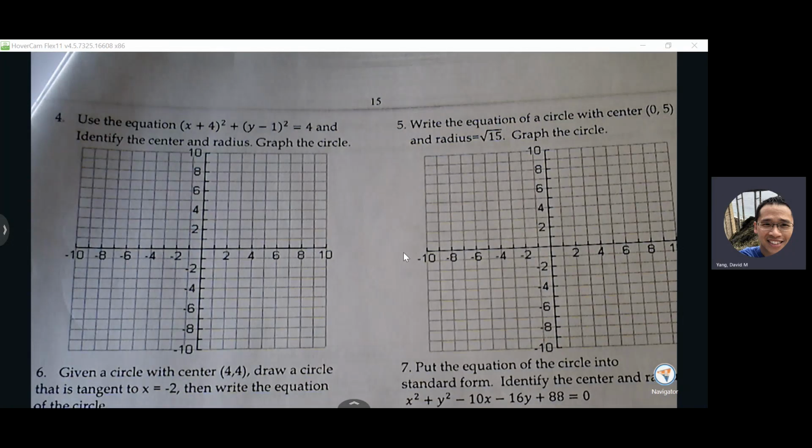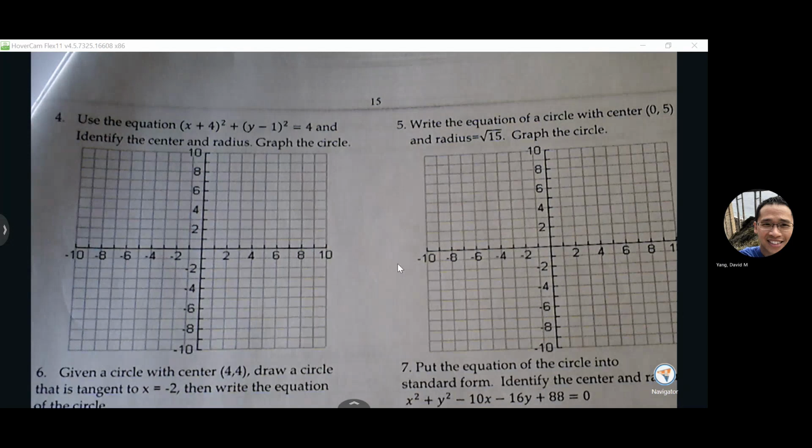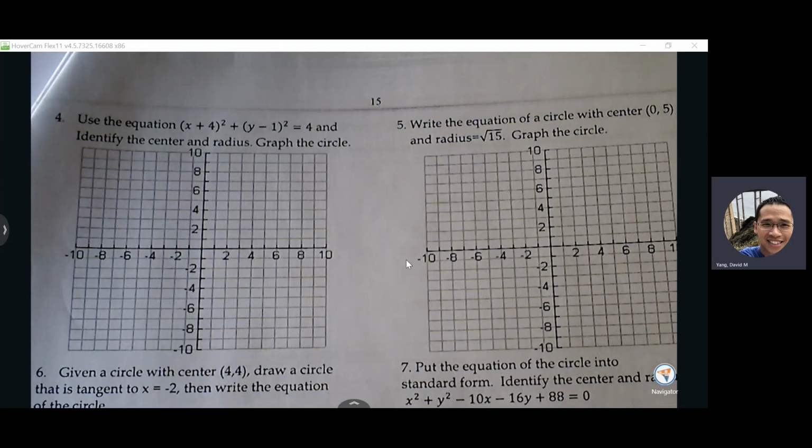All right, so go ahead and try number 4. Work through that, and I'll walk through the answers. I think you should find these pretty straightforward, but we'll go through once you guys try it. So 4 through 7, and I'll show the work.